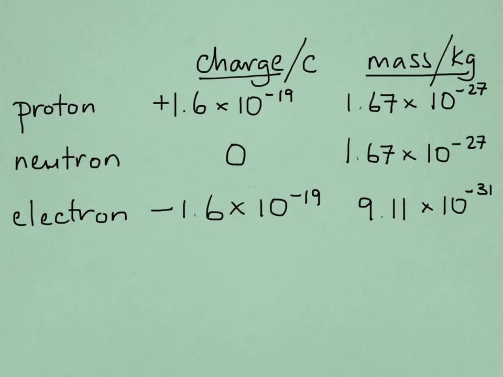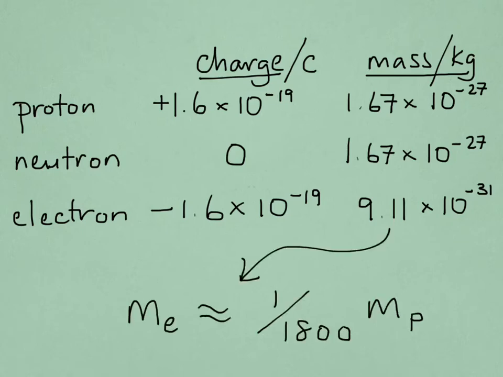But that's slightly compensated for by the fact that this number is 9 and this number is 1.6. So actually the number is a couple of thousand. If you divide the mass of an electron by the mass of a proton, you get 1 over 1800. So mass of an electron is an 1800th of the mass of a proton, approximately a 2000th.